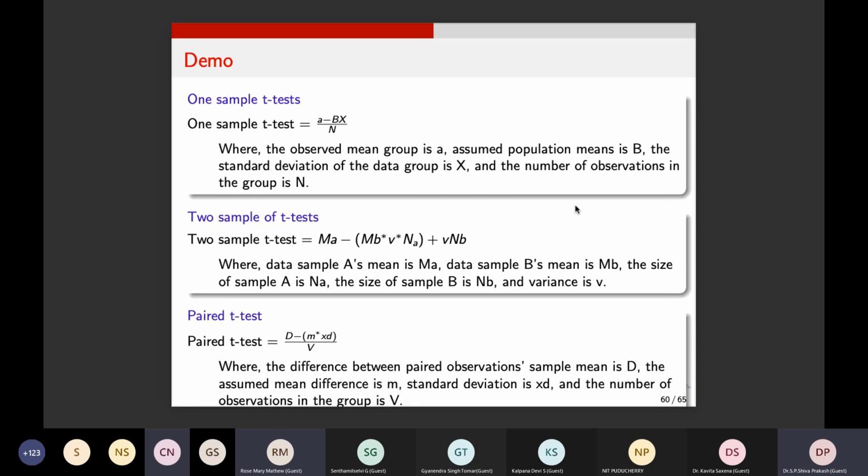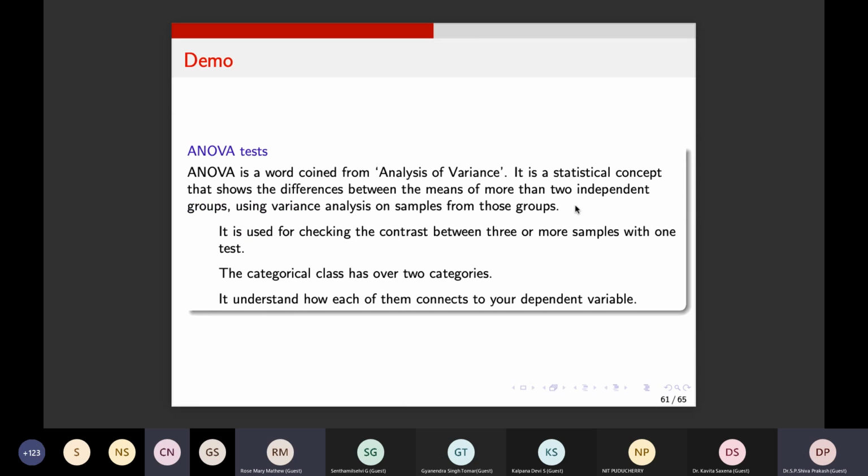Okay. So similarly, the paired t-test is calculated. And also the ANOVA tests are used, where ANOVA is a word coined from analysis of variance, right?